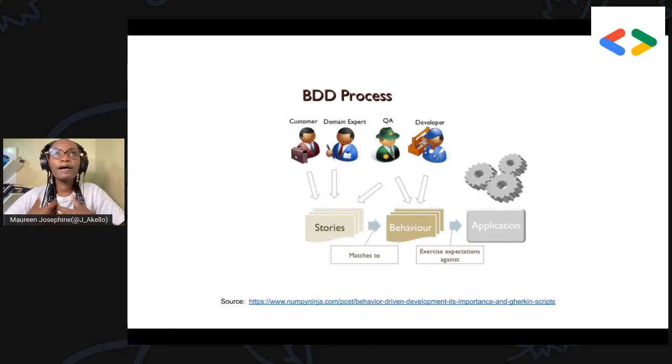The customer and the domain expert, let's say the project manager or the product owner, discuss this requirement with the customer and try to validate if that functionality is going to work. After that is when they come up with stories.